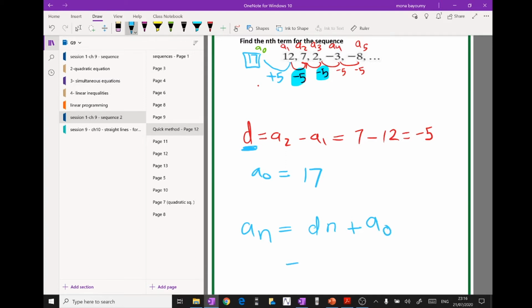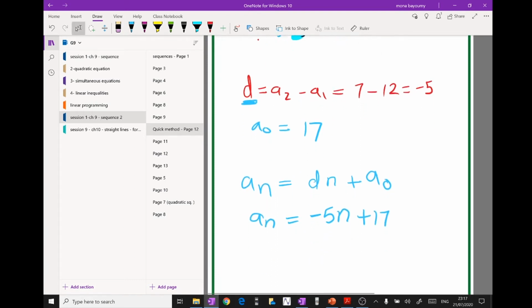So it is equal, D is equal to -5, n plus A0 is 17. So an, which is the nth term, equals -5n plus 17. This is the nth term.